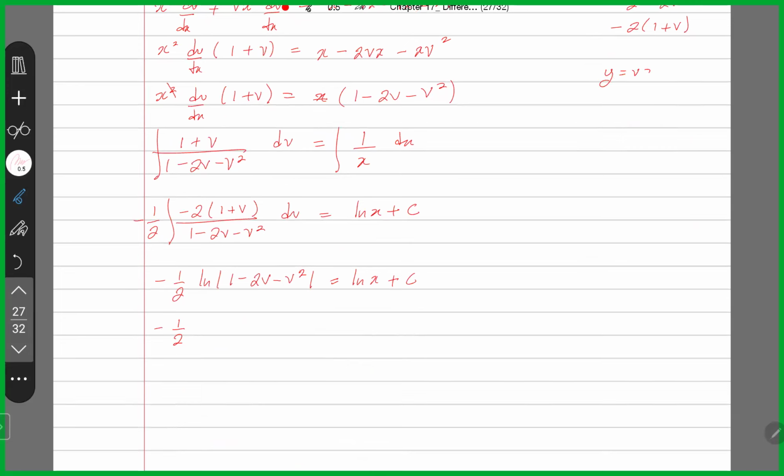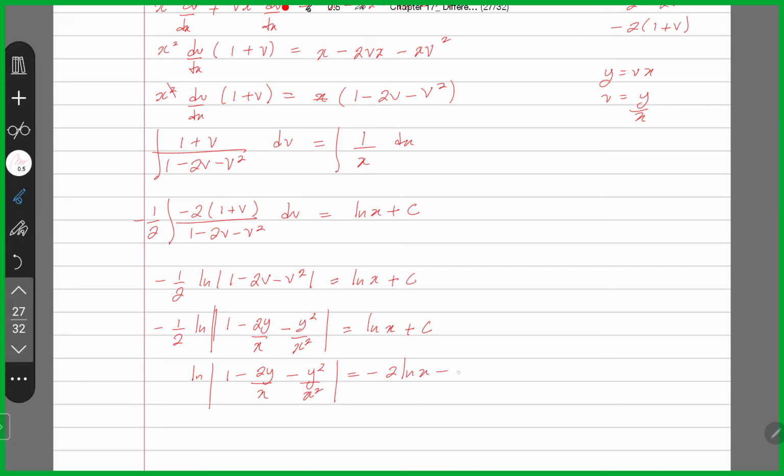If I multiply both sides by minus 1, I'm going to get ln (1 minus 2y over x minus y squared over x squared) is equal to minus 2 ln x minus 2c.